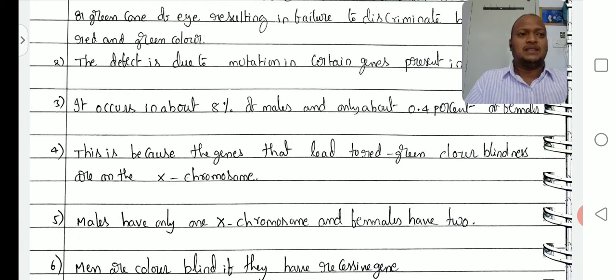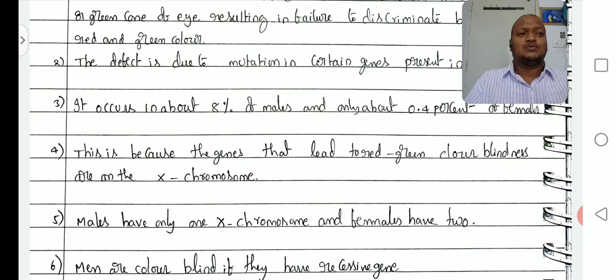But what about females? Females have two X chromosomes. If one X chromosome is defective and the other is a normal, healthy X chromosome, then the female is not going to be affected. For color blindness in females, what is the genotype?